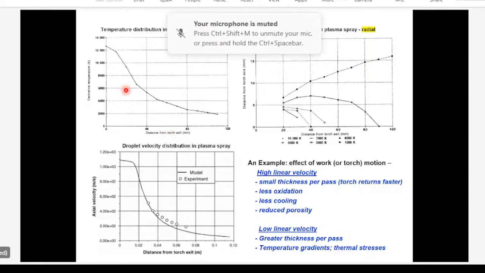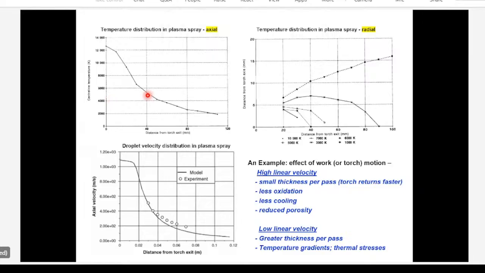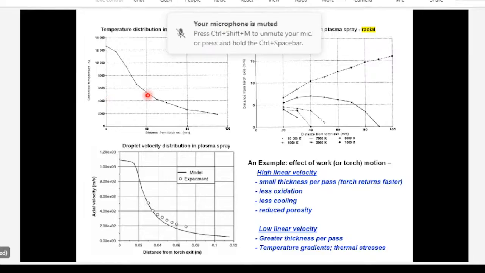And these are the data for the plasma gun. You can see that right at the nozzle, the temperatures could be about 12 or 13,000 degrees Kelvin. And about 4 centimeters ahead of the nozzle, the temperatures have dropped to maybe 5,000 degrees. So there is a very steep temperature gradient in front of the nozzle. And these kinds of considerations help you determine the working distance between the nozzle and the actual workpiece.